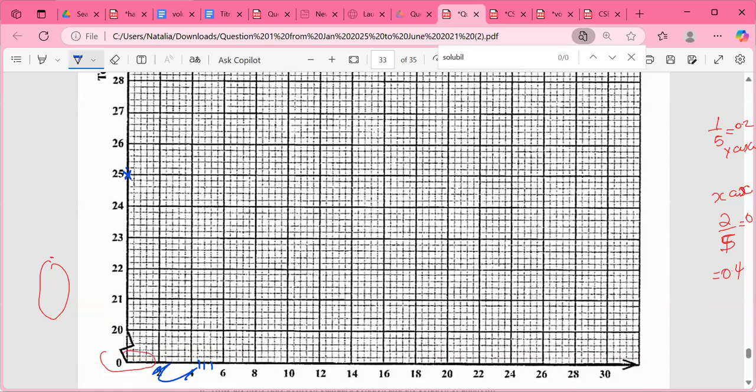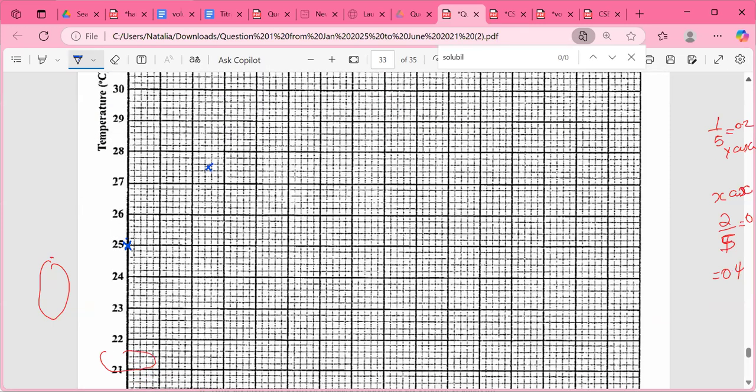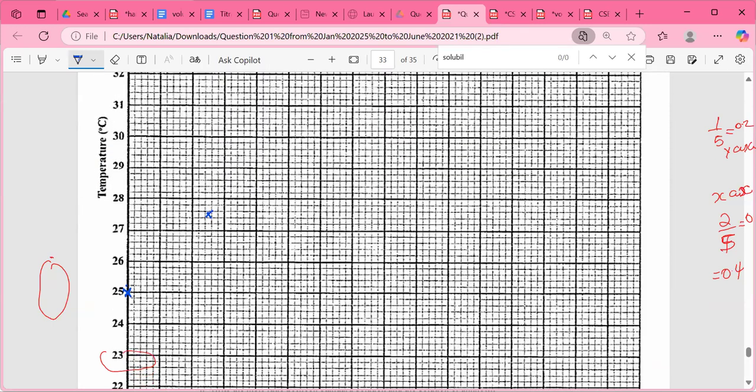27.5, which would be midway here. 10 is then what? 10, 30.5.